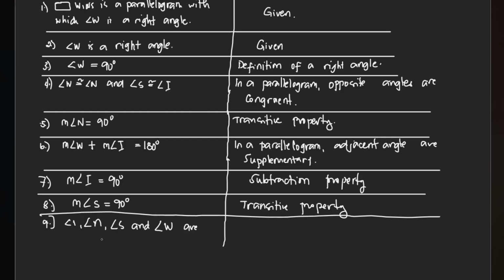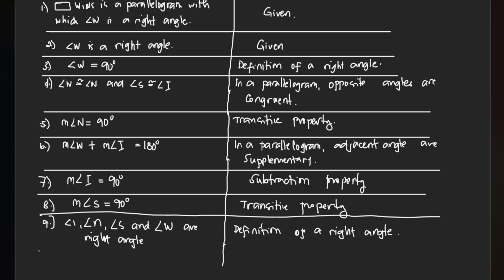Since 90 degree, are right angles. Okay? So basically, reason natin dito will be the definition of a right angle since they are all equal to 90 degree.